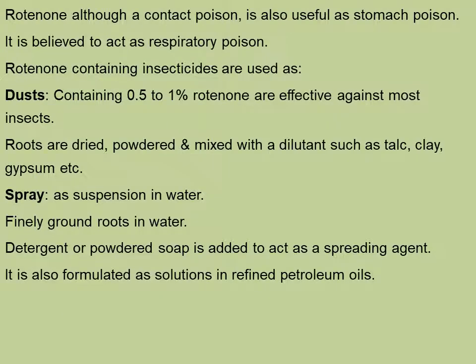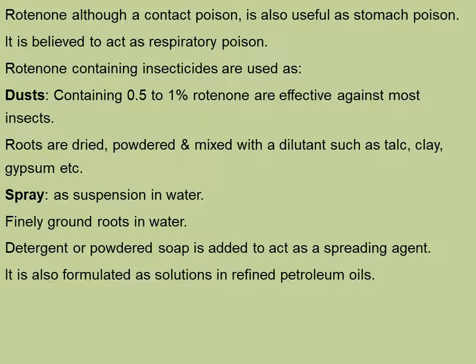Rotenone, although a contact poison, is also useful as a stomach poison. It is believed to act as a respiratory poison. Rotenone-containing insecticides are used in the form of dusts and sprays.